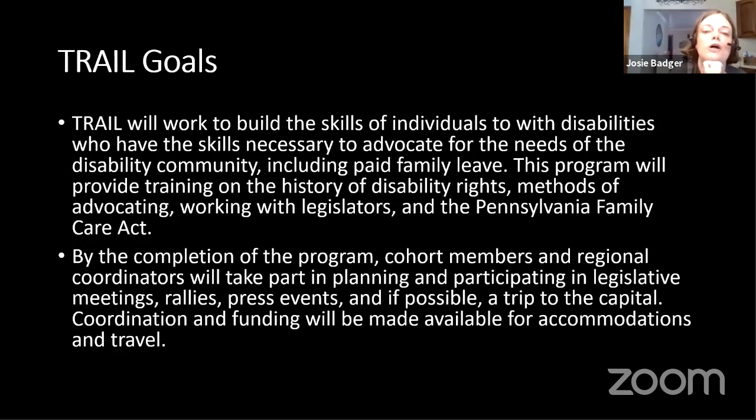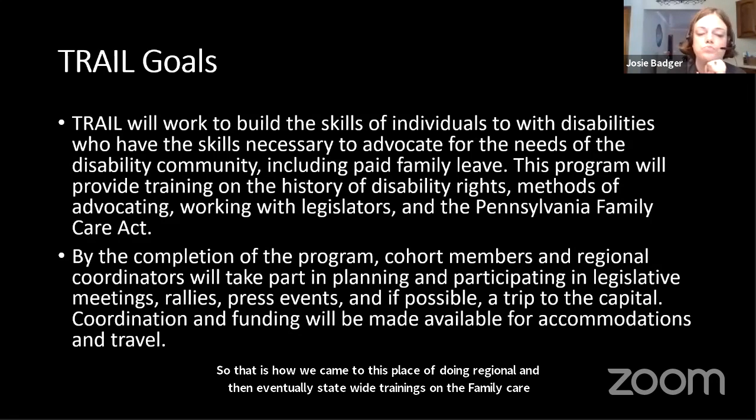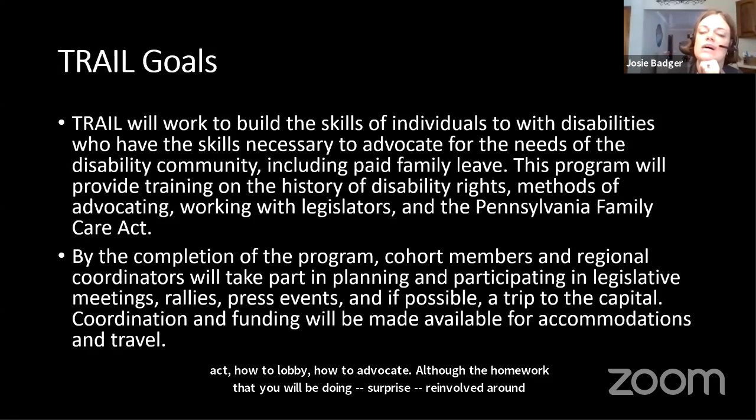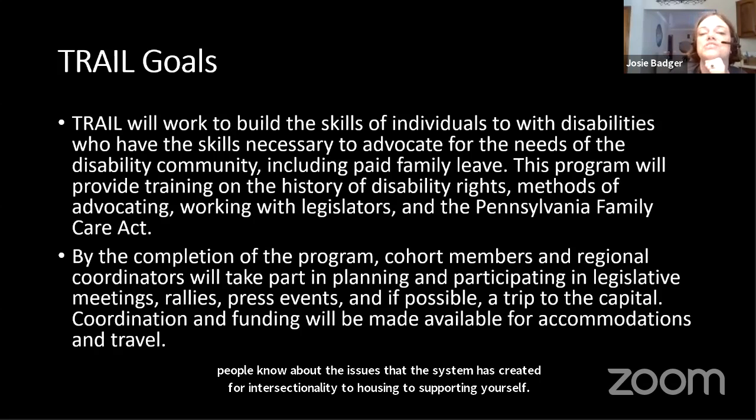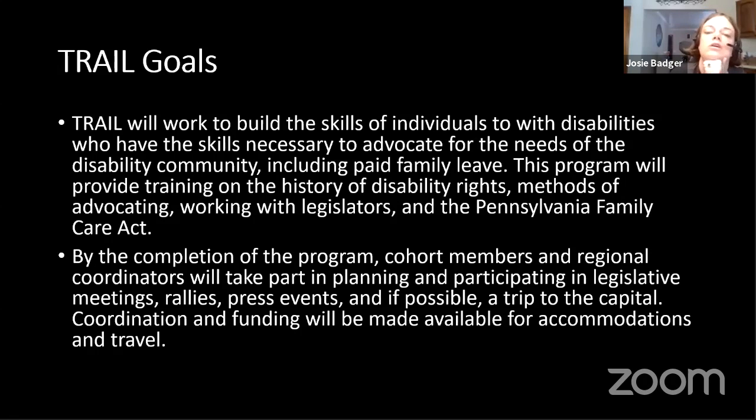These skills will help through all of those. By the completion of this program, you guys will have mad skills. You are going to be able to, and already have, met with your legislators. You will be writing letters. You're going to be writing articles. Don't freak out. We're going to make sure that you're okay, and we're going to support you 100%.